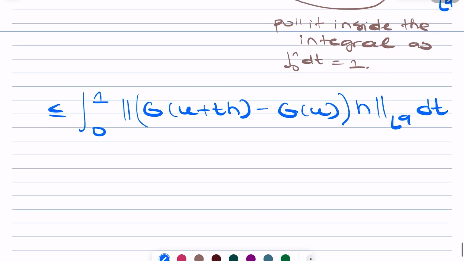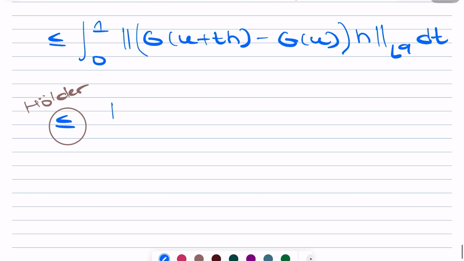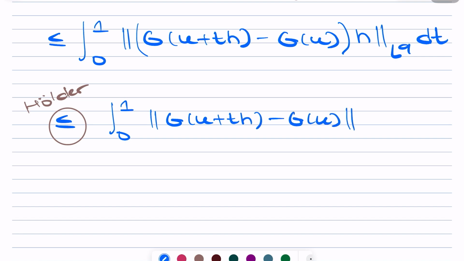And now here you use the Hölder inequality once again, because you have a kind of product. So this is less or equal than the integral from 0 to 1 of the norm of g of u plus th minus g of u, the LR norm of this, dt, times the norm of h in LP.